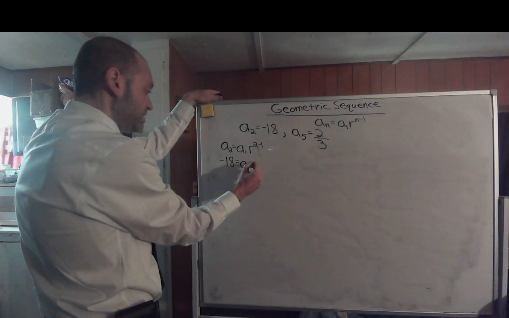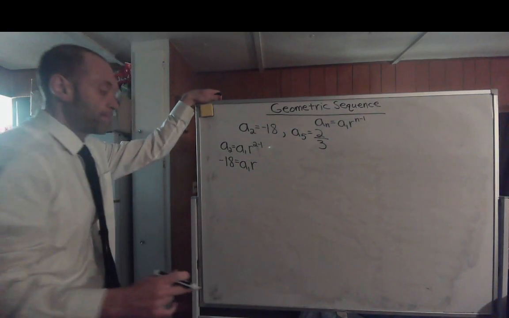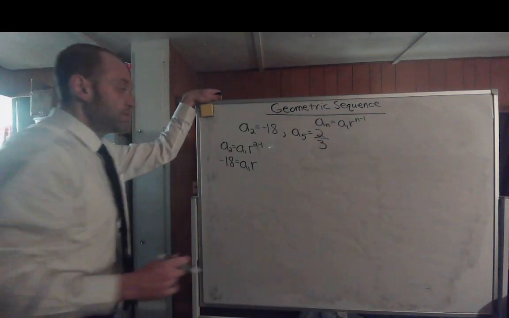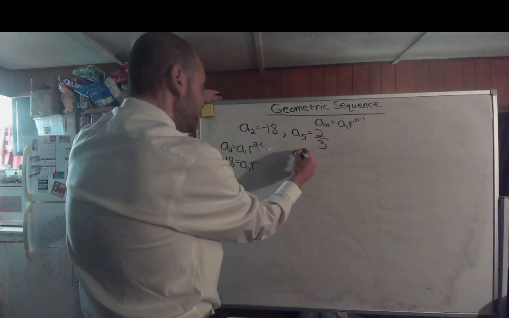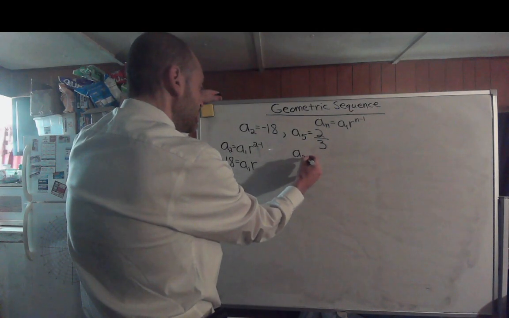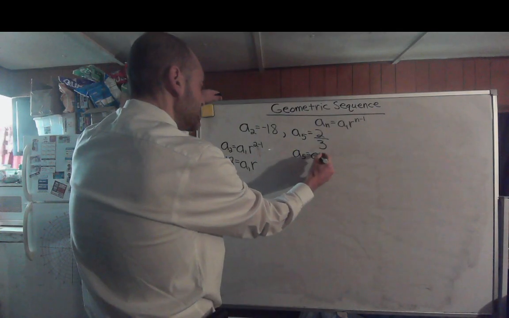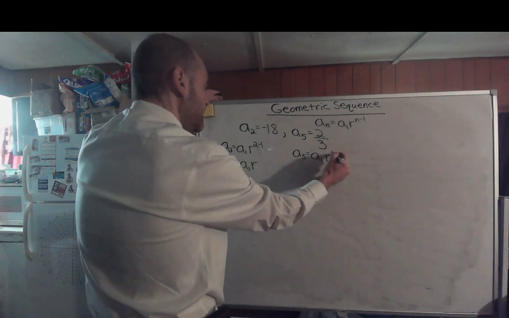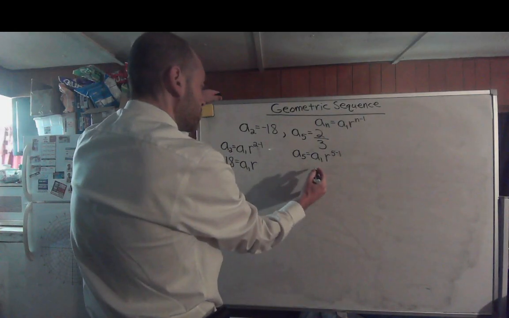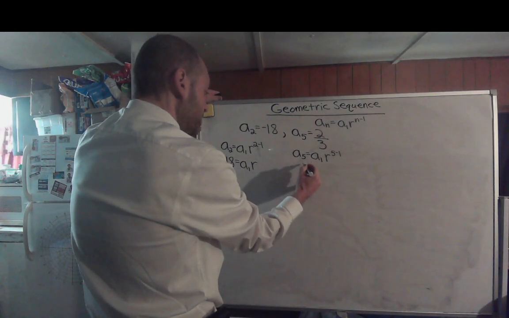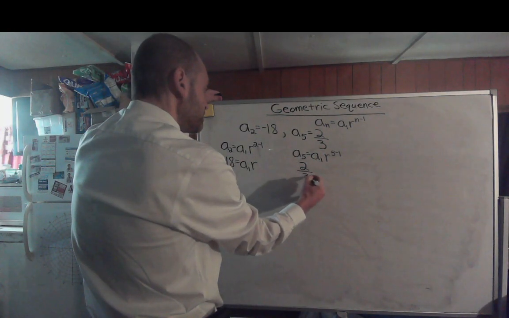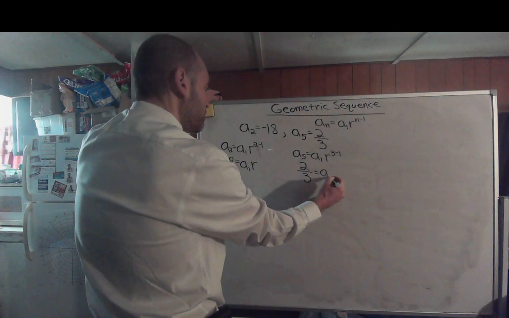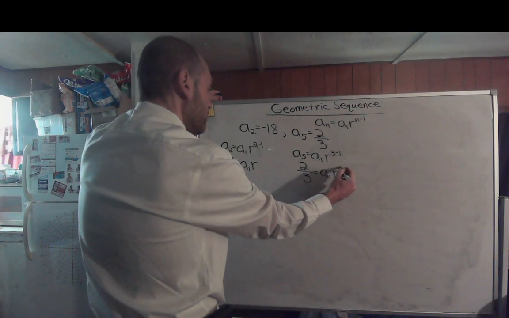That would just be a sub 1 times r. And then we have the a sub 5 we need to figure out. So a sub 5 is going to equal a sub 1 times r to the 5 minus 1 power, which means that since a sub 5 is 2/3, 2/3 would equal a sub 1 times r to the 4th.